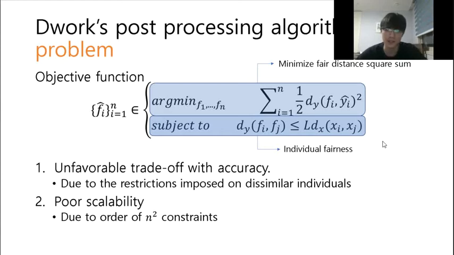As we see in the equation here, we don't specify the region of xi and xj. It is one problem, and also it has poor scalability because it needs much more time when the dimension of y increases.